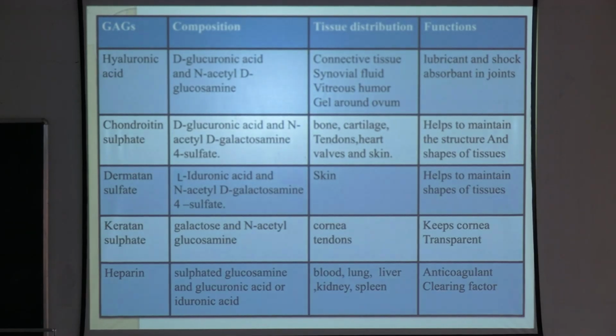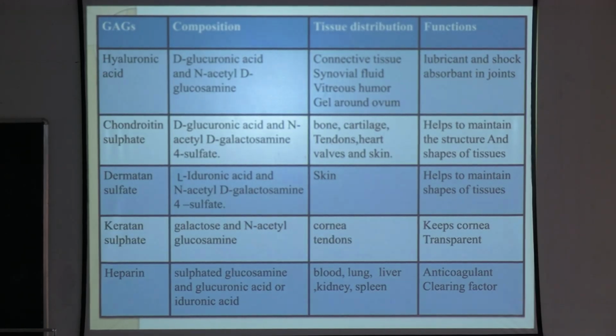The main function is lubrication and shock absorption in joints. The composition of hyaluronic acid is D-glucuronic acid and N-acetyl D-glucosamine.